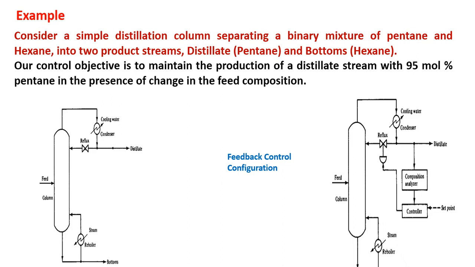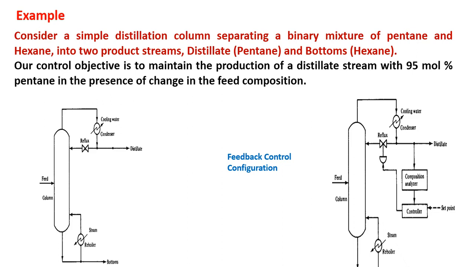Now let's analyze. Suppose the pentane in the distillate is 97%, so the composition analyzer says the pentane in the distillate is 97%. The controller compares that 97 with 95. The error is positive, so the controller tells the valve to close the reflux so that more and more distillate moves out of the system. Clear?